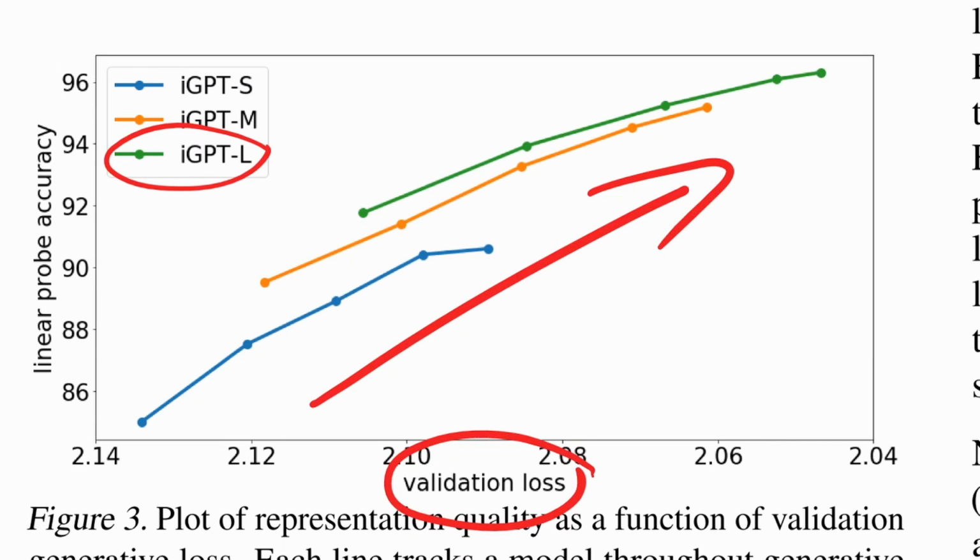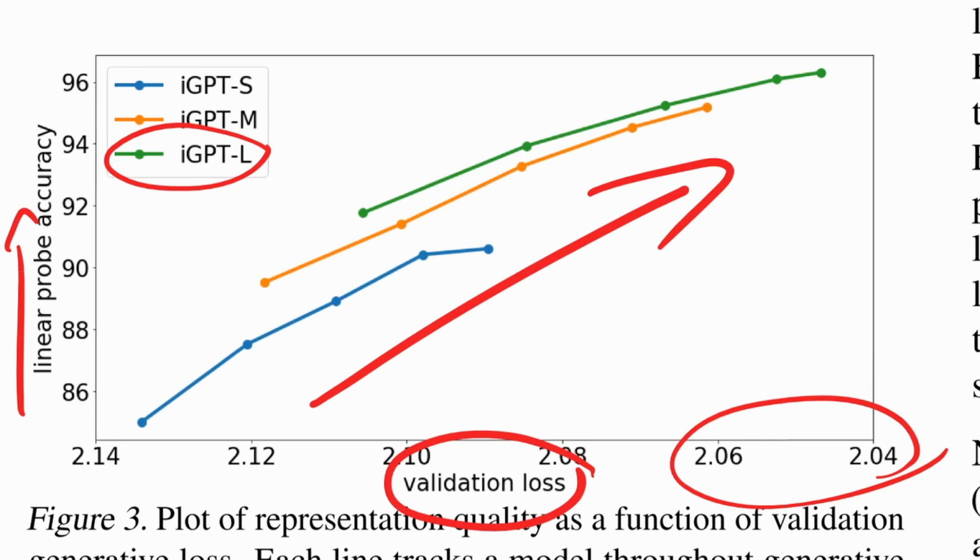In text models, there's a connection between the perplexity of your language model and the quality of the representation you get for downstream tasks. In this model, it seems to be the exact same thing. There is a connection between reaching lower validation loss and reaching a higher performance on classification. So that's one interesting thing, the general trend to the upper right corner.